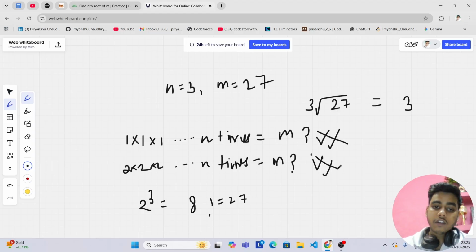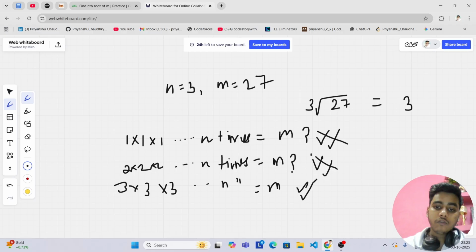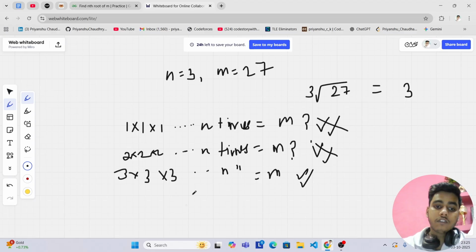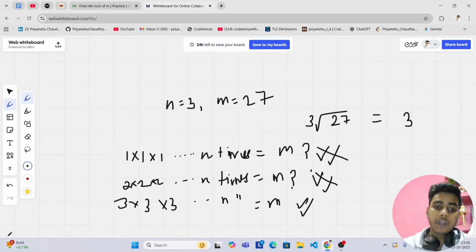So we will say that no, 2 is also not our answer. Similarly, we will keep doing this, and when we multiply 3 n times, that is 3 times, this will be equal to m, and this will be the answer, because 3 multiplied 3 times will give 27, and we can see that 3 is our answer, because cube root of 27 is 3.